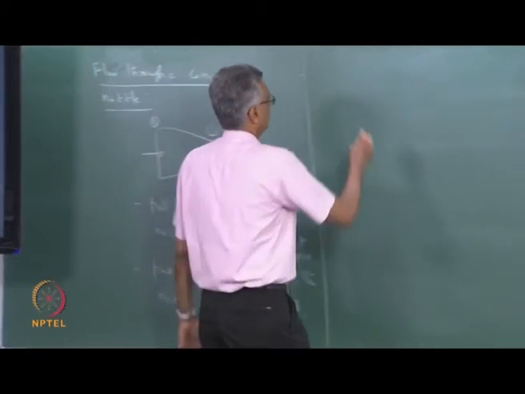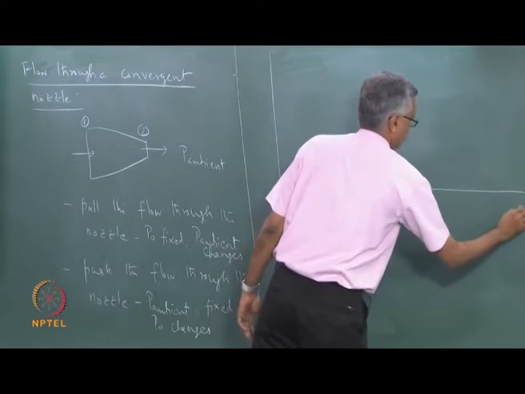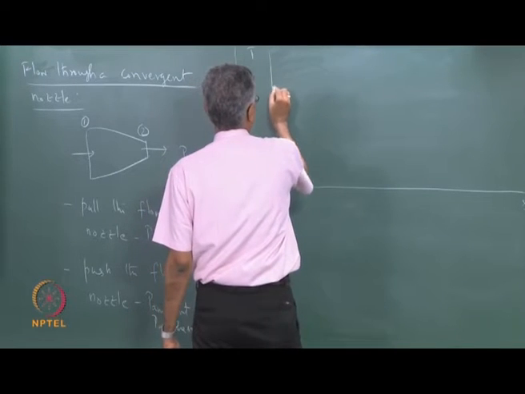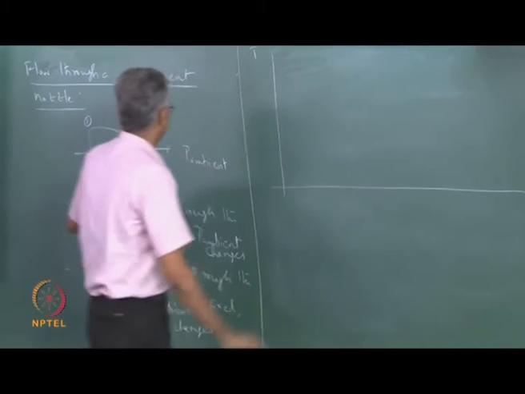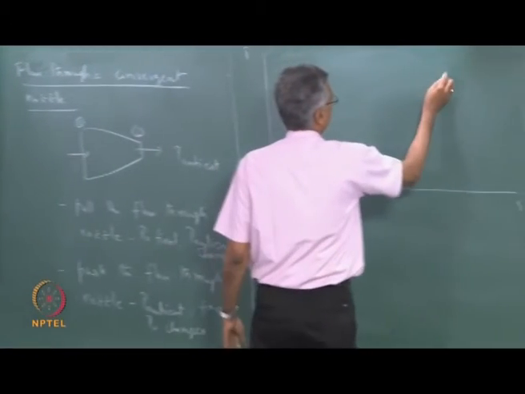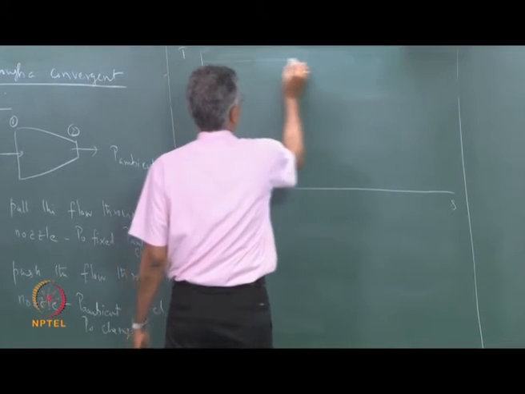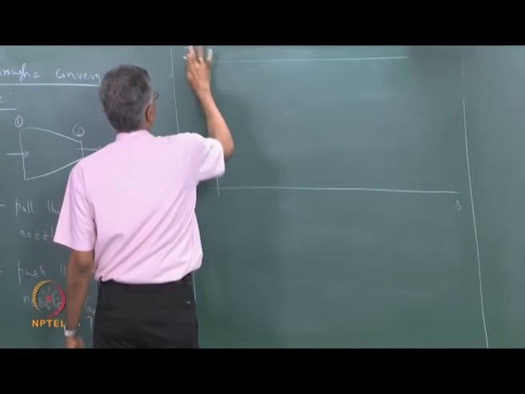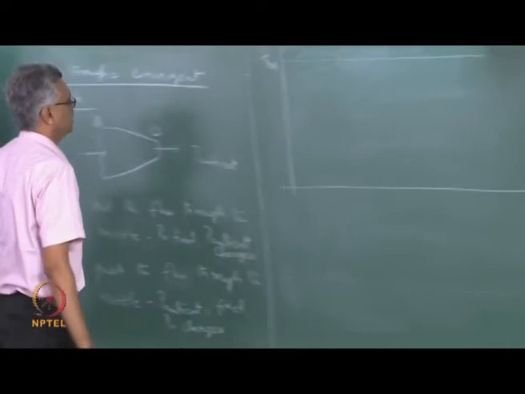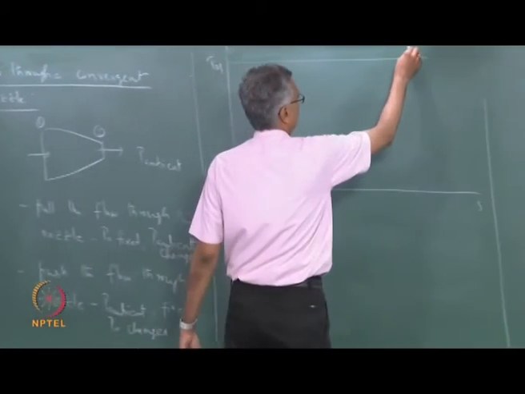Let us look at the sequence of events on a T-S diagram. Same way, we have state 1 here and state 2 here. Let us say this is T and this is my T01. We will assume that T0 remains the same throughout, there are no changes in T01.